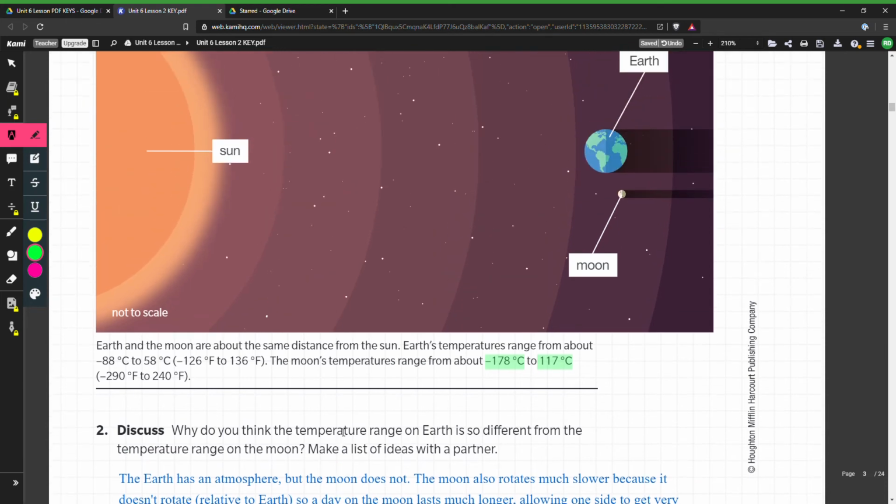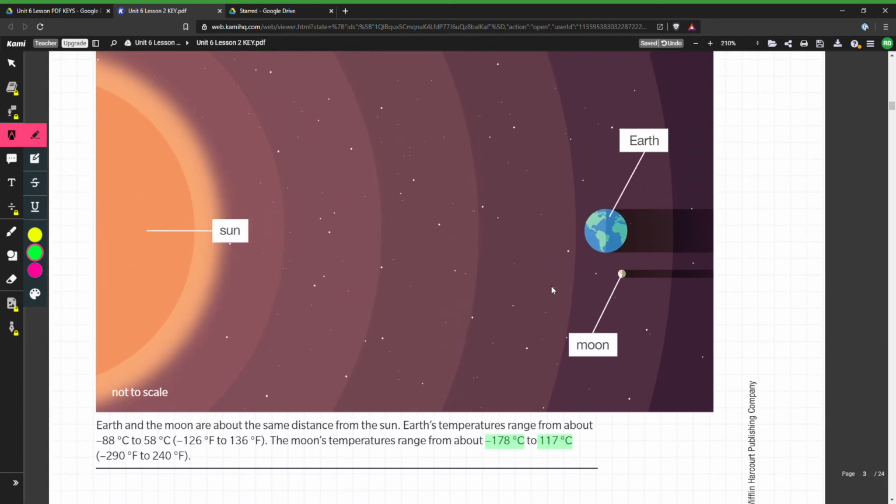So some of my ideas were that the Earth spins around every 24 hours, right? The moon doesn't actually rotate relative to us. That's why it always looks the same to us, because the same exact part of the moon is always facing Earth.